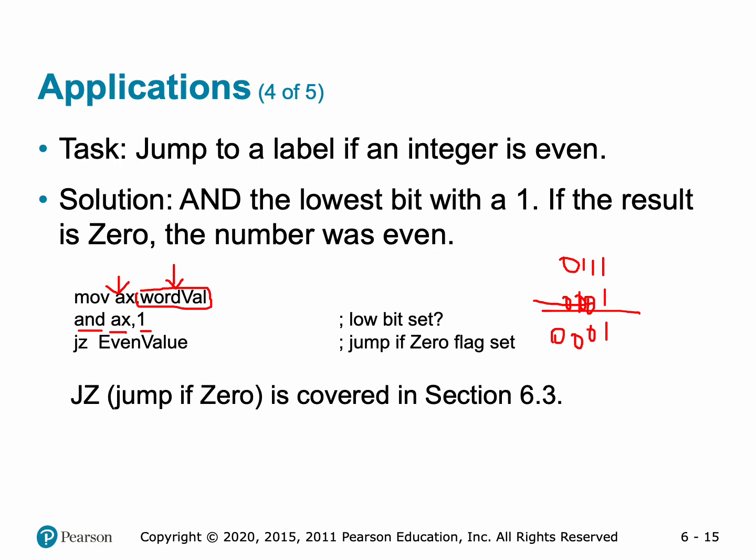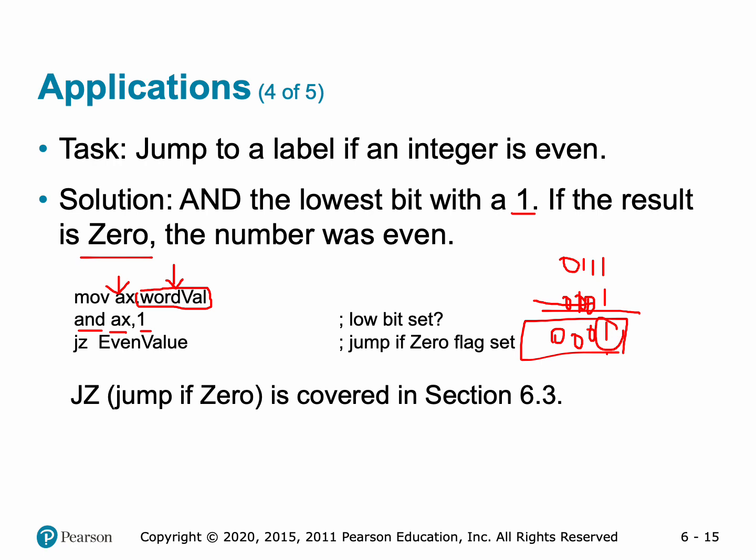So it said if we AND the lowest bit with a 1, is the result a 0? Well, no, the result wasn't 0. The result is a 1 here in the lowest bit. So to get a 0, we'd have to have all these bits be 0.